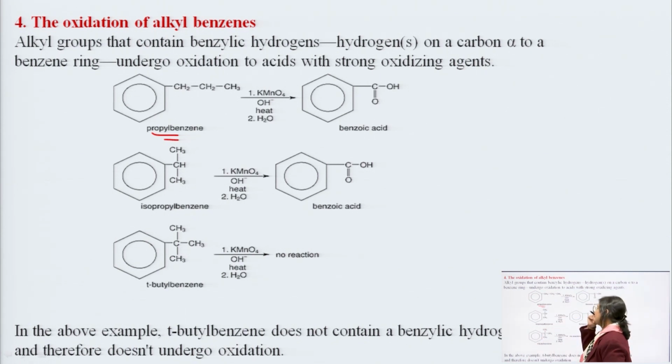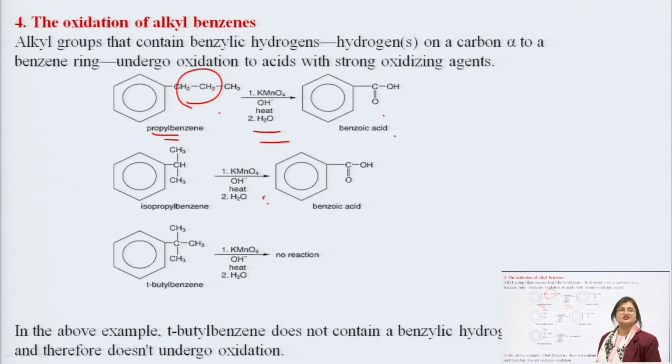Now let us take for example propyl benzene. Propyl benzene in the presence of a strong oxidizing agent undergoes oxidation to produce benzoic acid. This takes place in the presence of heat and corresponding hydrolysis. The next reaction: isopropyl benzene also gets converted, as I told you all, at the carbon atom alpha to the benzene ring.